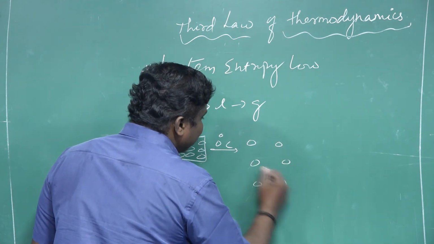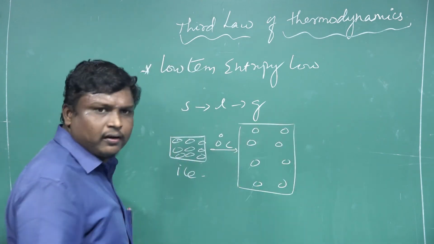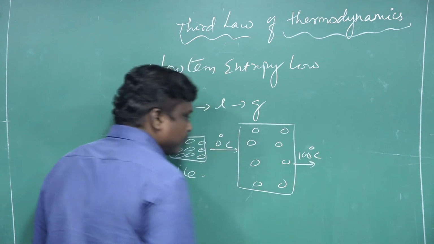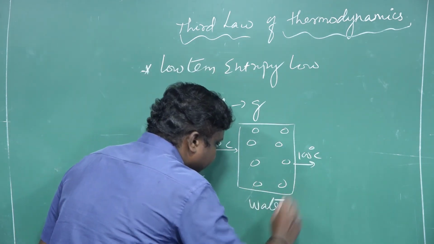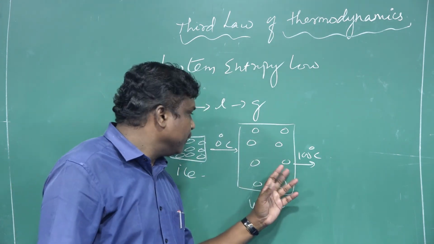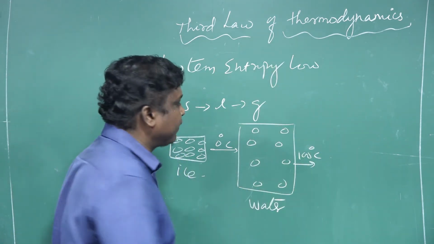The molecules are loosely packed. On attaining 100 degrees Celsius, water changes to water vapor, a disordered state where the molecules are very loosely packed.